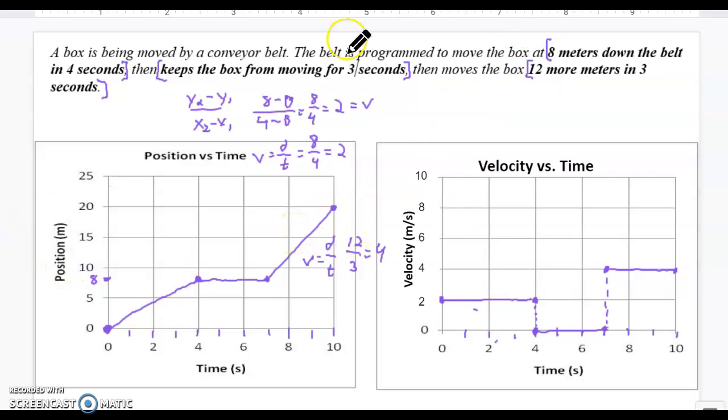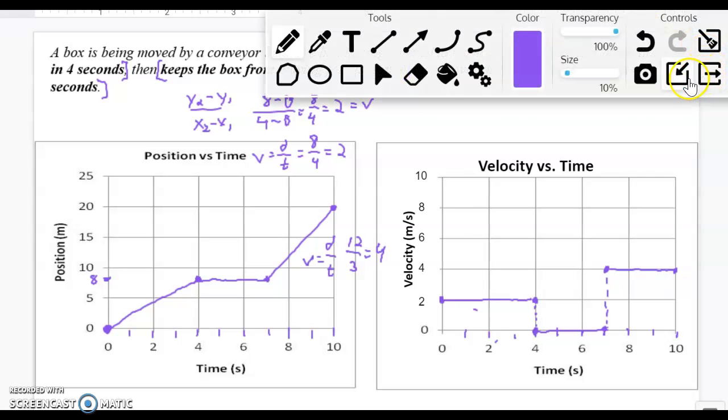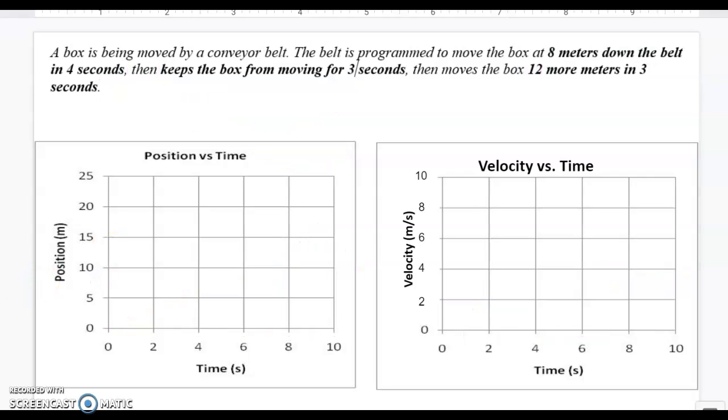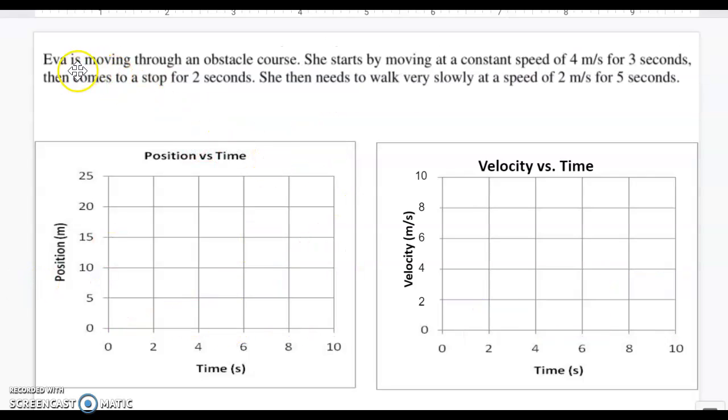So I'm going to show you another type of graph here. Where it says Ava is moving through an obstacle course. She starts by moving at a constant speed of 4 meters per second for 3 seconds, then comes to a stop for 2 seconds. Then she needs to walk very slowly at 2 meters per second for 5 seconds.